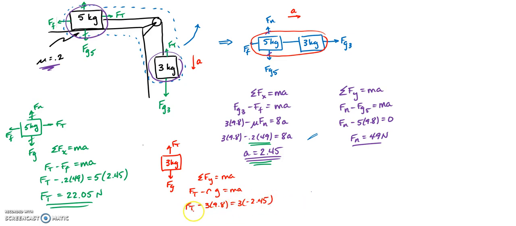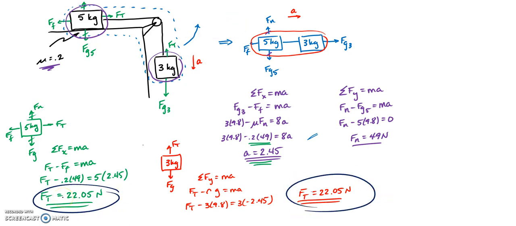And then when I solve for this, I get the force of tension is equal to 22.05 newtons. So that way you can see that either way you solve this, you can make that connection to say that this answer and this answer should be the same because it's the same rope. One rope can only hold one force of tension.